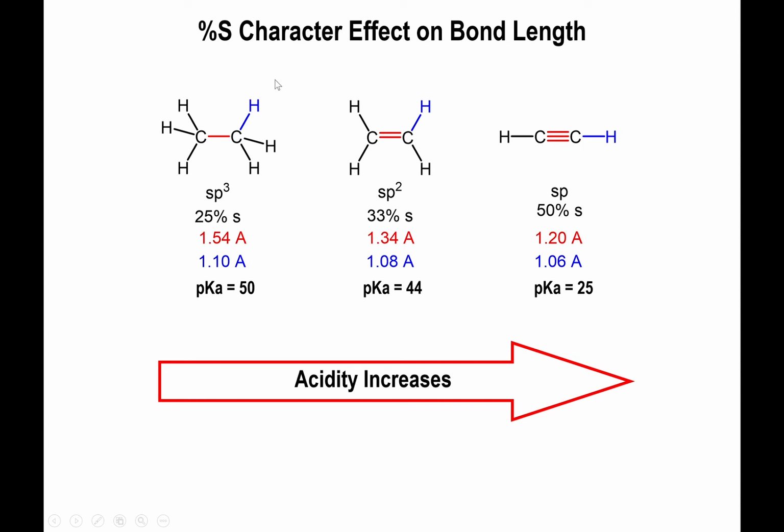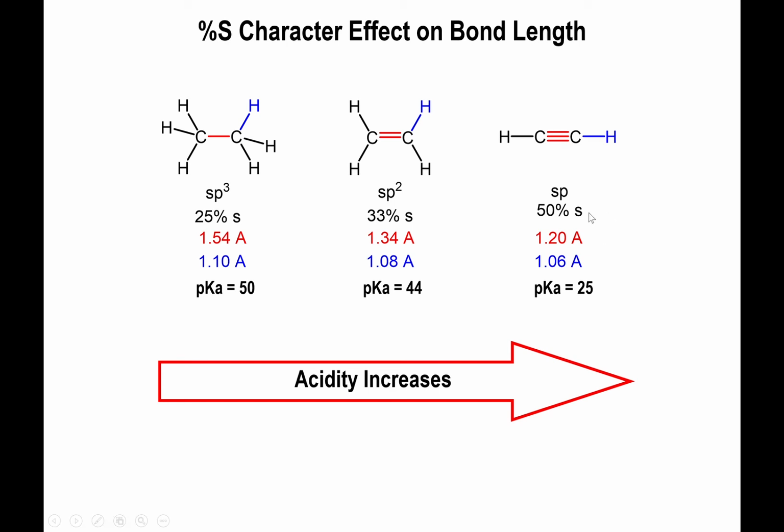But this only happens as you increase the S content. sp3 happens to be the substance that has the least amount of S content, only 25%, because it's 1 out of 4 orbitals. sp2 is 33%, sp is 50%. And what you end up seeing is exactly an increase in the acidity going from left to right, because we know the pKa of the alkane is about 50, that of the alkene is 44, and that of the alkyne is 25, and decreasing values of pKa imply greater acidity.